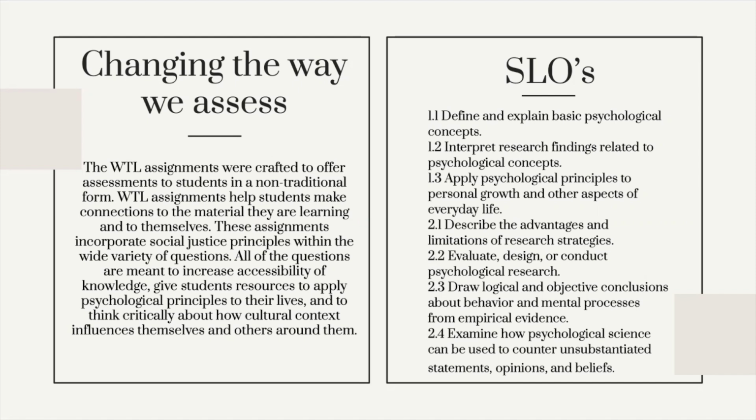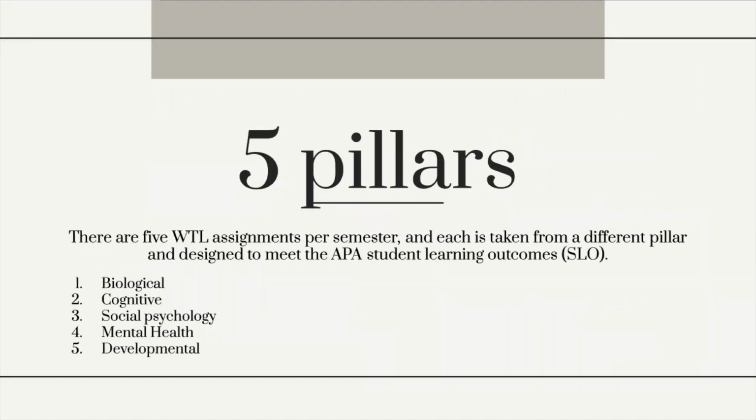In this column on the right-hand side of your screen, I have the student learning outcomes listed out. We have 1.1, 1.2, 1.3, and then 2.1 to 2.4 for the student learning outcomes that this assignment does meet.